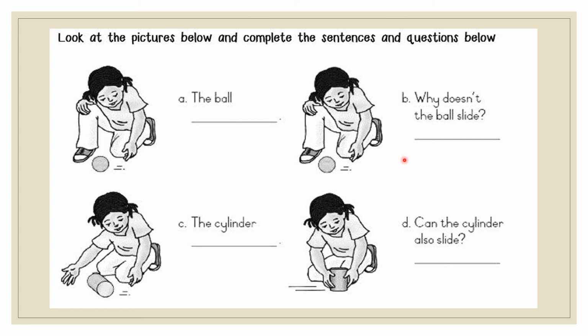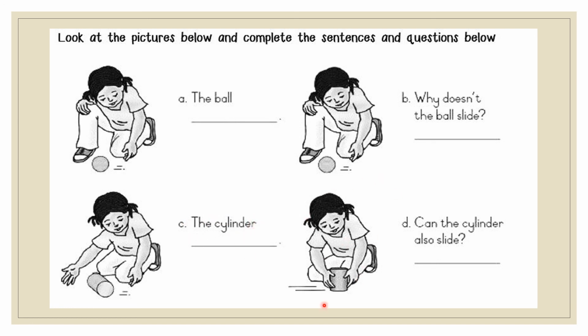The ball is round. And if we look at the third picture, which is C, what is the girl doing there? Yes, the girl is rolling the cylinder, but the cylinder is on its side. So C says the cylinder rolls.